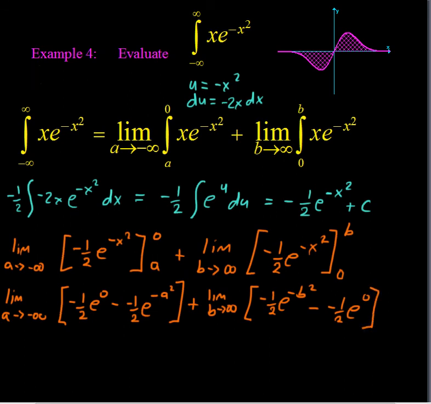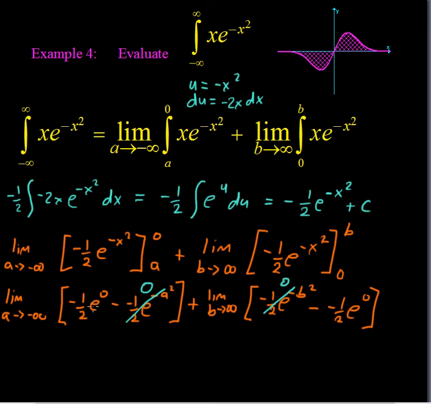Okay. Now, let's evaluate these limits as a approaches negative infinity. So as a approaches negative infinity, negative infinity squared would be positive. So this is going to negative infinity, so this part is heading towards 0. Same thing is happening over here. This piece will be going to 0 as well.